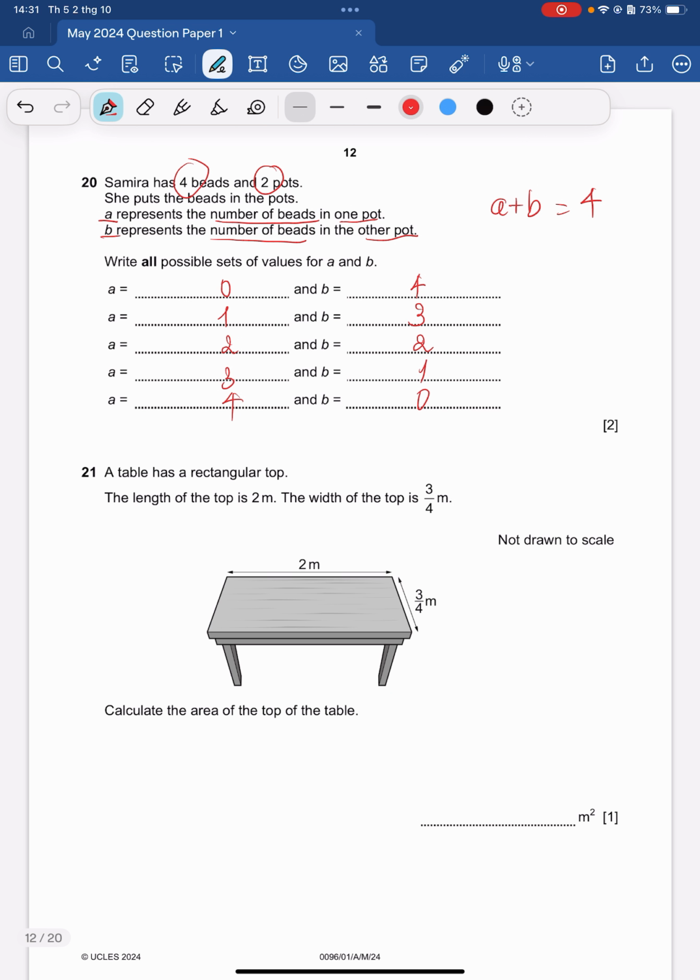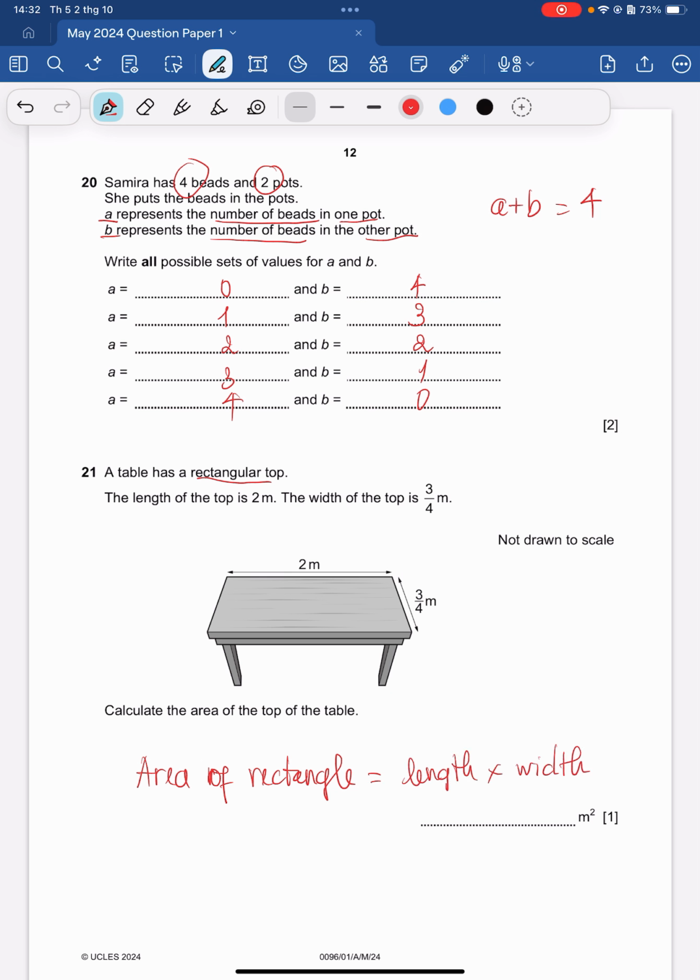Let's try exercise 21. Calculate the area of the top of the table. Okay, area. This shape is a rectangle. You can see that it's a rectangle. So the area of a rectangle will be length times width, right?